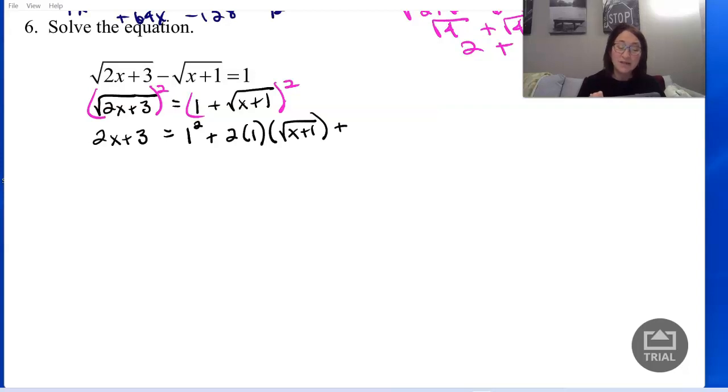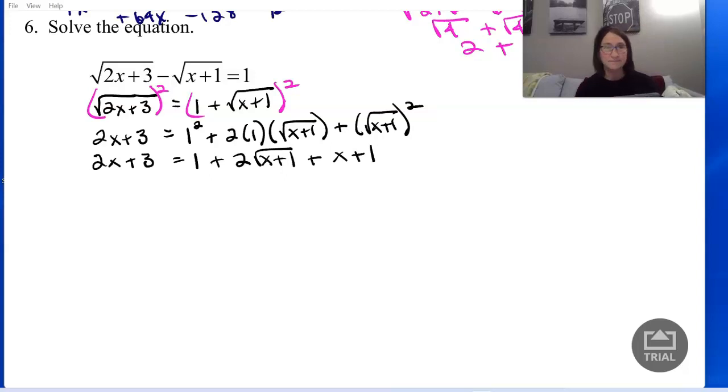Then I've got plus the square root of x plus 1 squared. Okay, so that'll be 2x plus 3 equals 1 plus 2 square root of x plus 1 plus x plus 1.